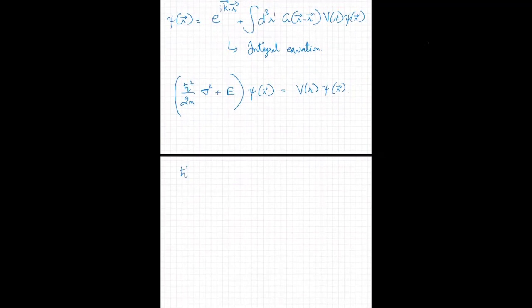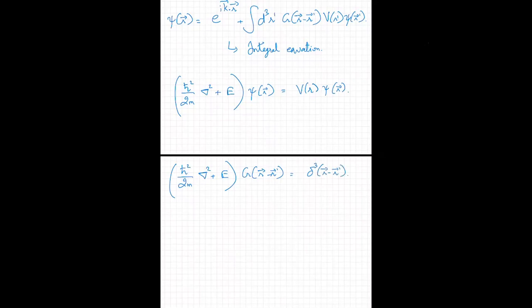It is defined as (h bar square over 2m) del square plus E acting on G of R minus R prime equals delta cube of R minus R prime. Why R minus R prime? Again, it's because we demand the solution to be translation invariant.